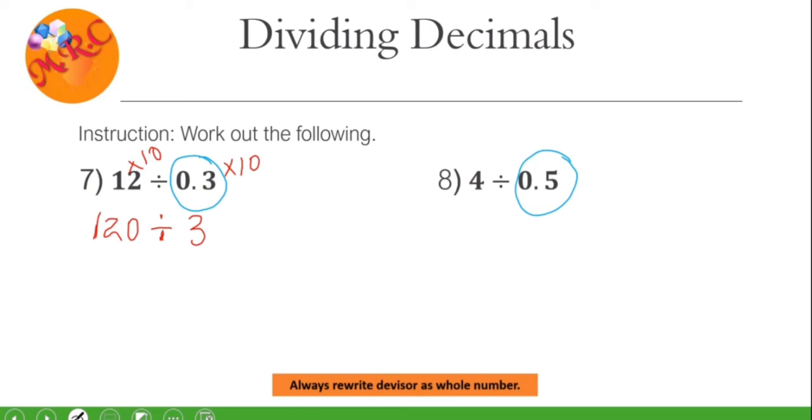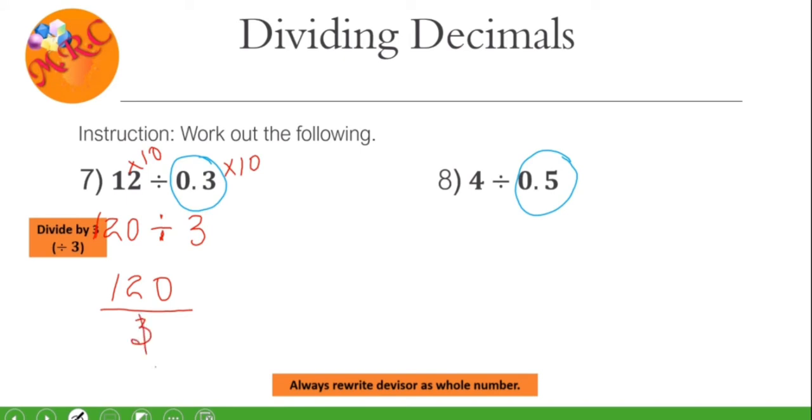Now that we have our divisor as a whole number, and both our terms ready to go, we can move right into dividing. So it's 120 divided by 3.